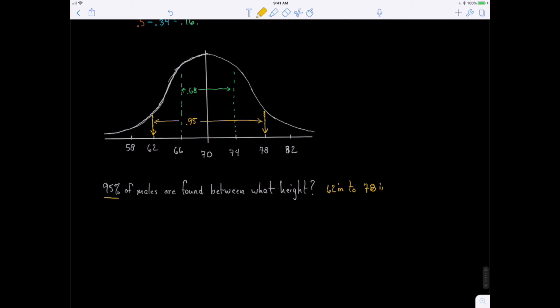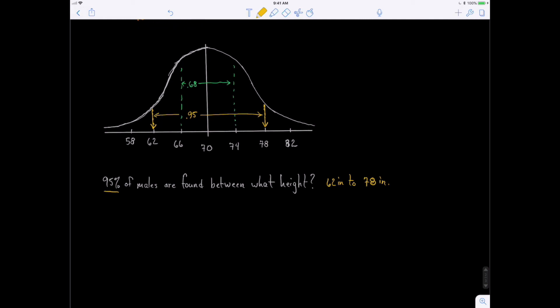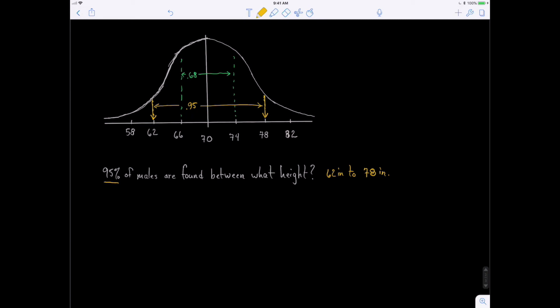And let's say we wanted to convert those back into feet and inches, because that's the way most of us would share our height with someone. We would say that they're 5'10" or 5'8" or something like that. So let's do that. Here's how we do this. We take our 62 and we divide it by 12.